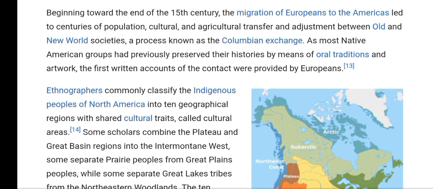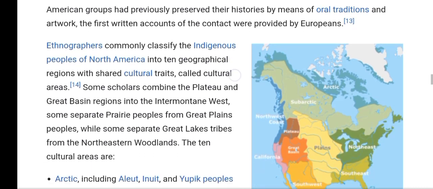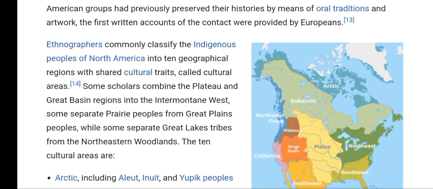Ethnographers commonly classify the indigenous peoples of North America into 10 geographical regions with shared cultural traits called cultural areas.